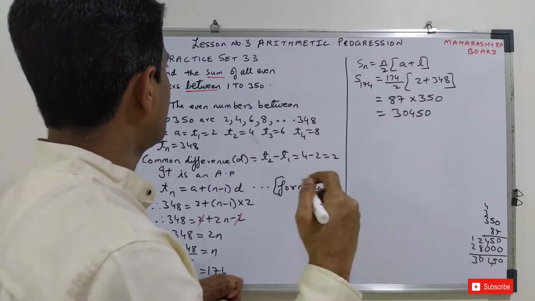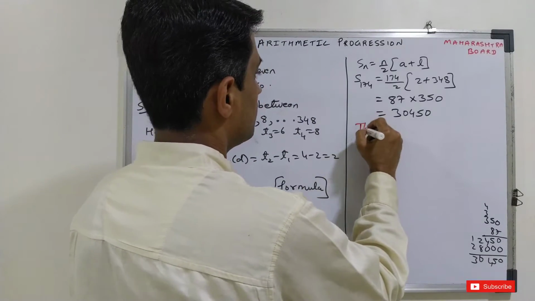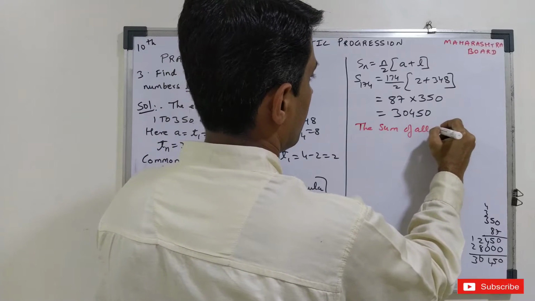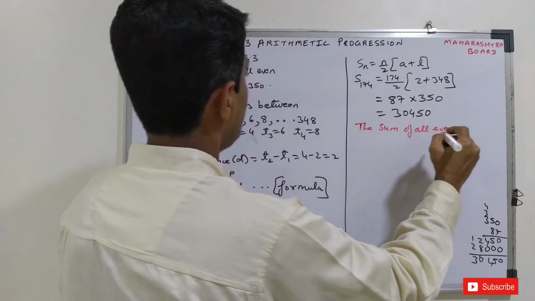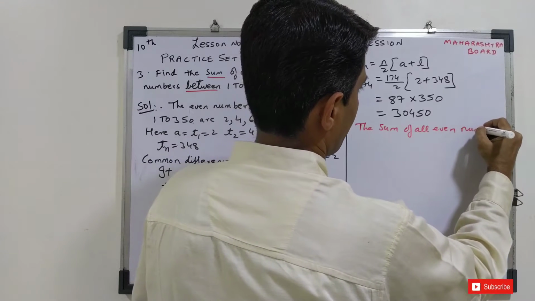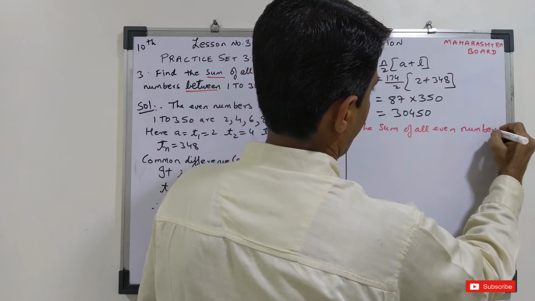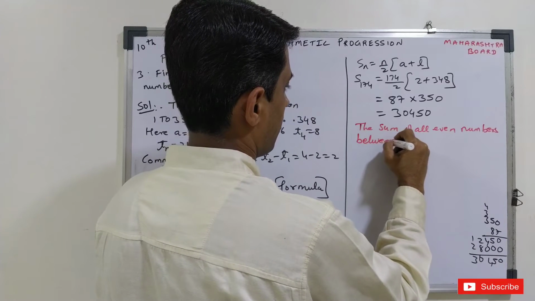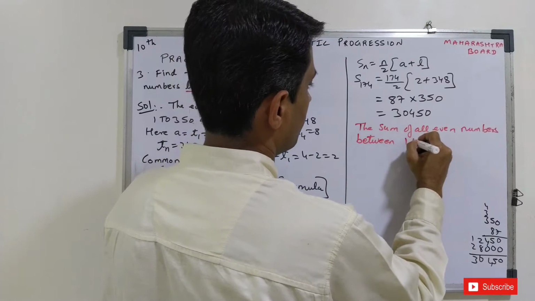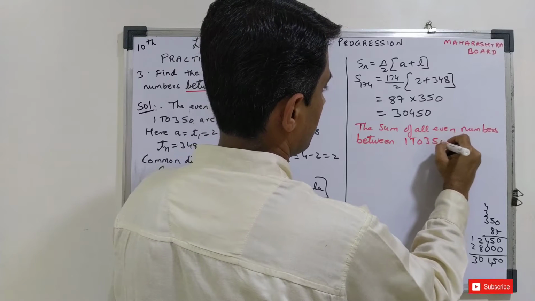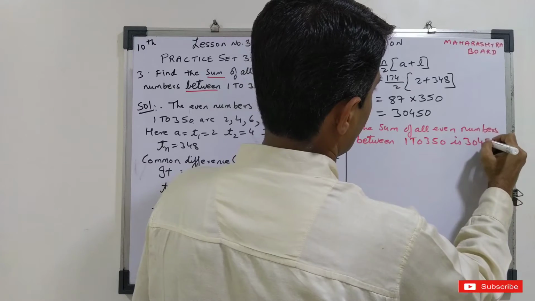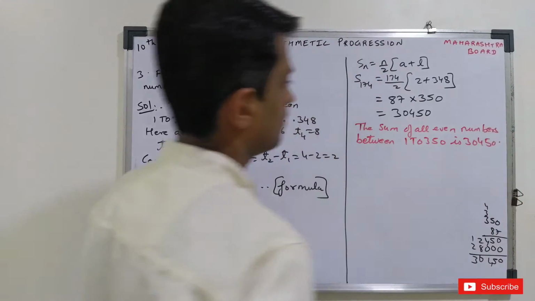Let us write the final answer. The sum of all even numbers from 1 to 350 is how much? 30450.